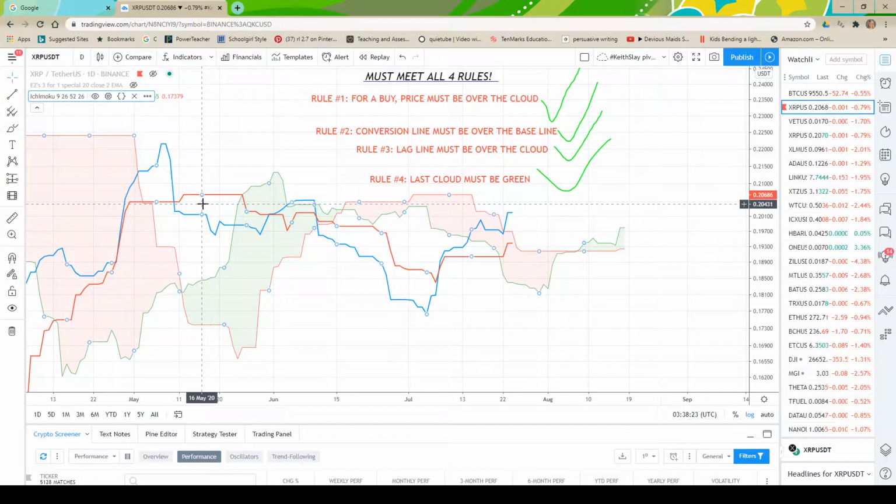What I've learned through research is that the Ichimoku cloud uses a fractal based trading system. And this is what kind of sold me on coins doing their own fractals and making trades based off of their own fractal, not another coin's fractal, their own fractal.